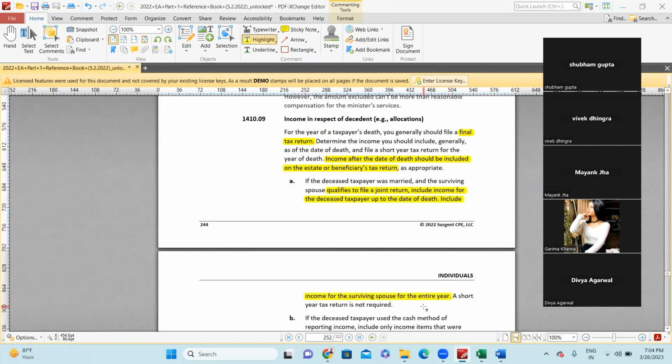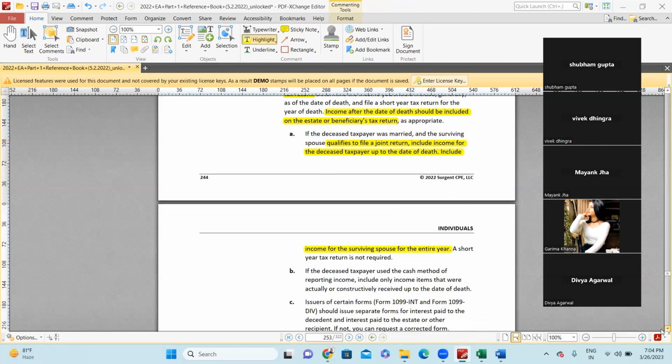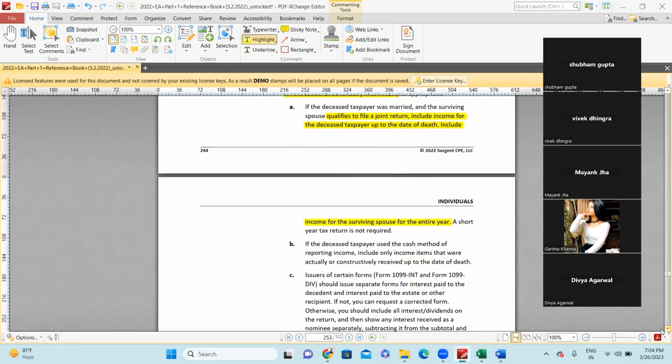A short tax return is not required because now you are filing a consolidated tax return. Make sense? When you are qualified to file a joint return, there is no separate return or short return required. Any doubt on point A? Clear, sir, clear.